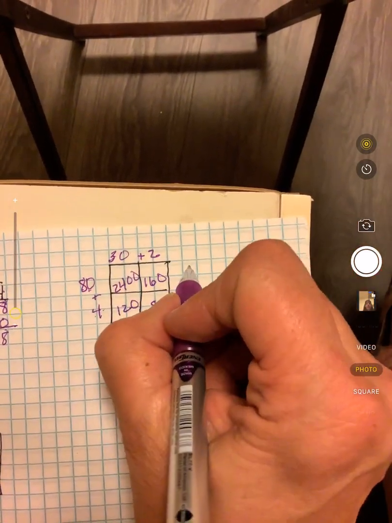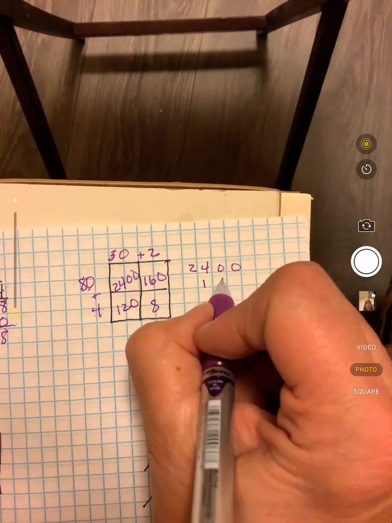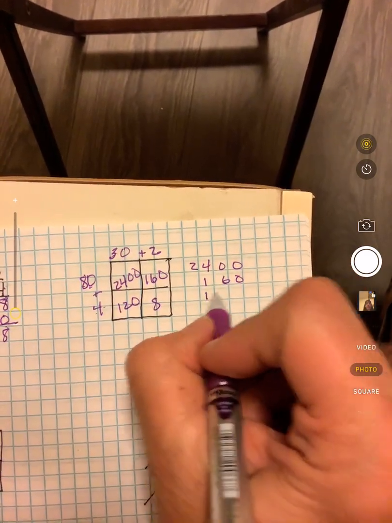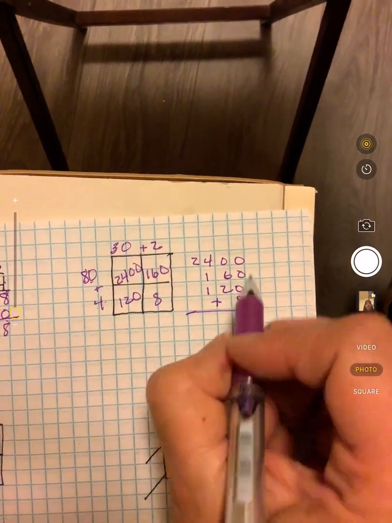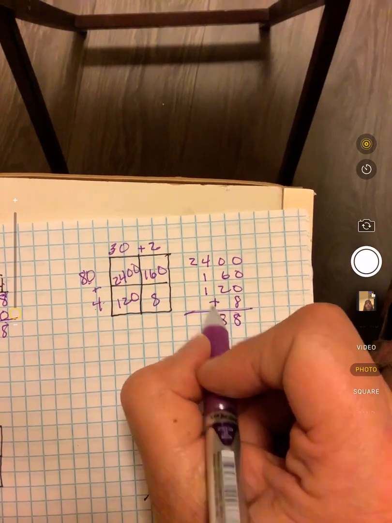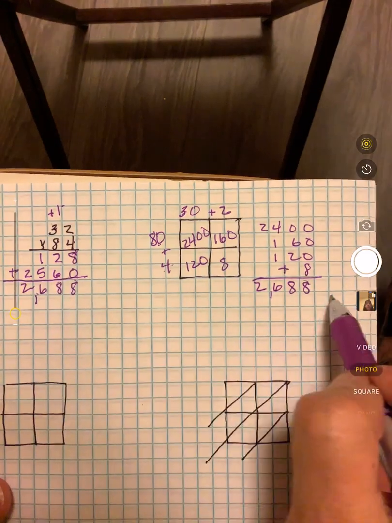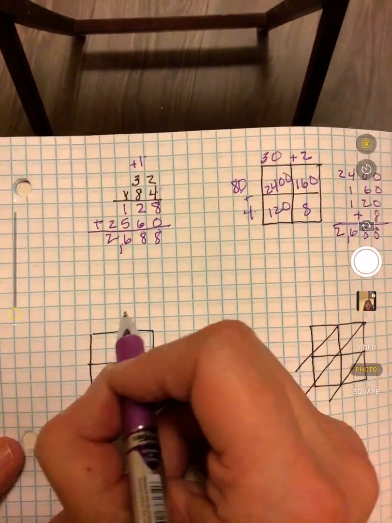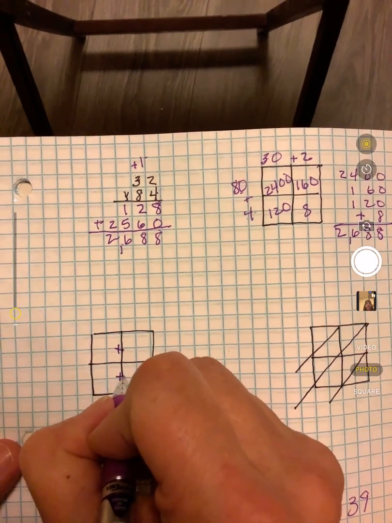We line these up and add 8, 8, 6, 2. I get the same answer. You can do it with the box where we're going to add going across.